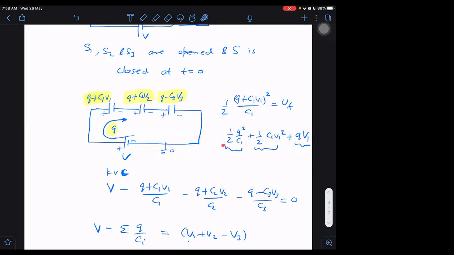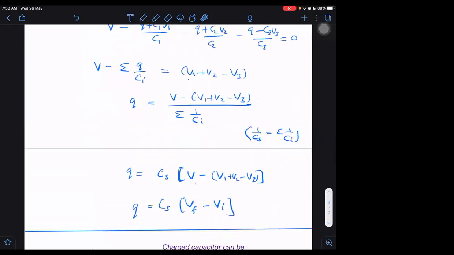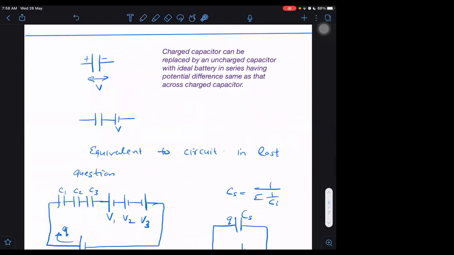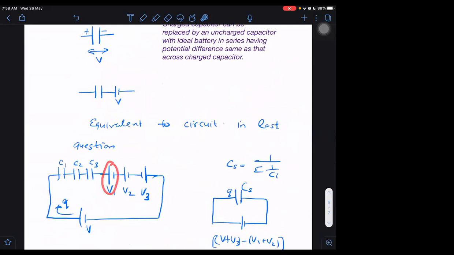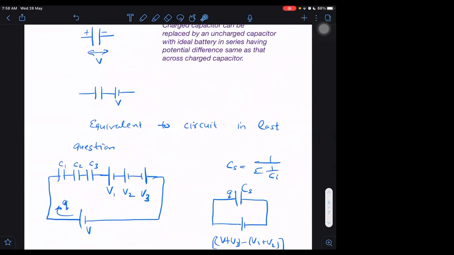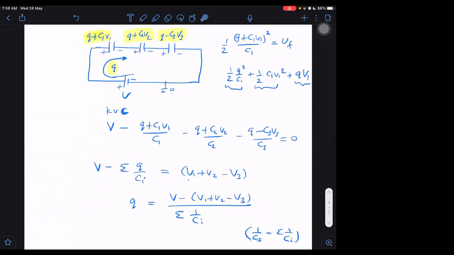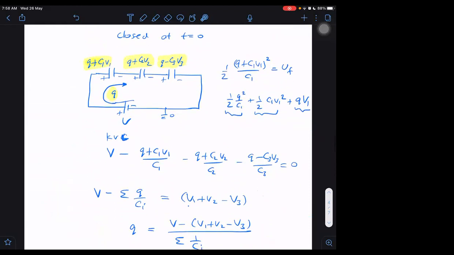But why am I writing these three terms? Because I want to interpret these three terms in this diagram. In this diagram, what would it mean? Think. What would it mean in this diagram? If we are having final energy as this, Q into V1 also is coming here.